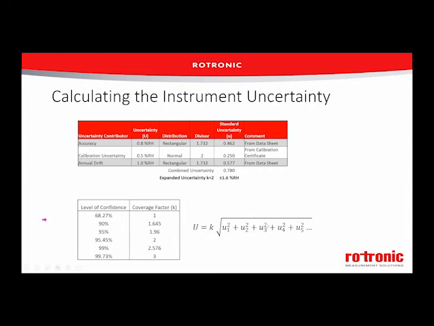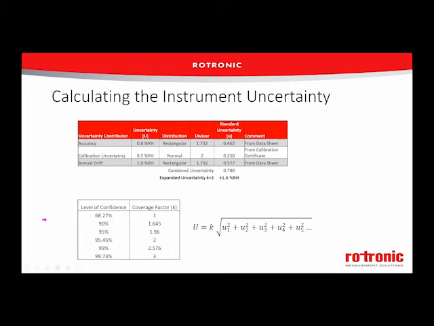Now, just to try to take this to a relatively simple example, we'll take a look at just a standard handheld humidity instrument and look at what the overall uncertainty of that instrument would be for how most people would end up using it.